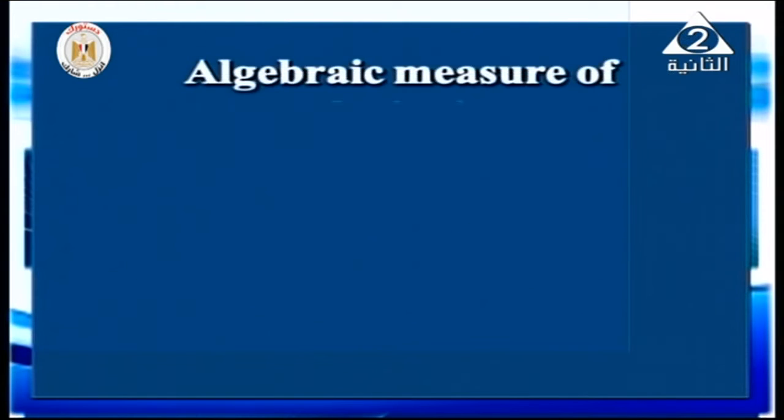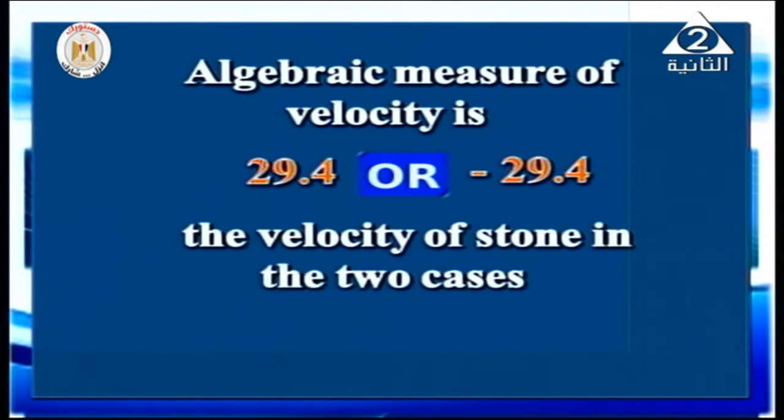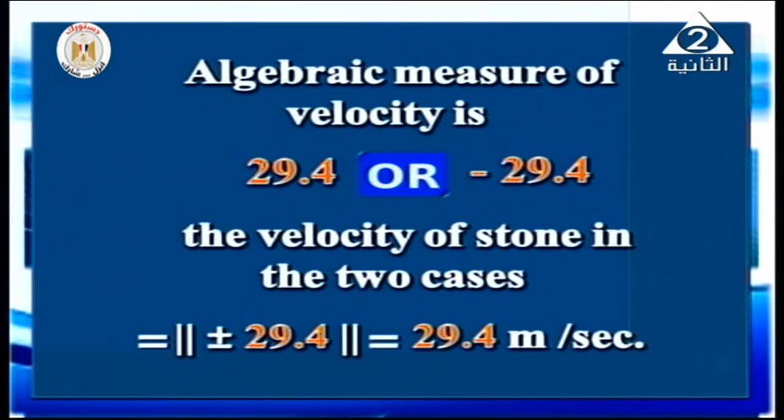The algebraic measure of the velocity is 29.4 or negative 29.4. The norm of the velocity in the two cases equals 29.4 meters per second.